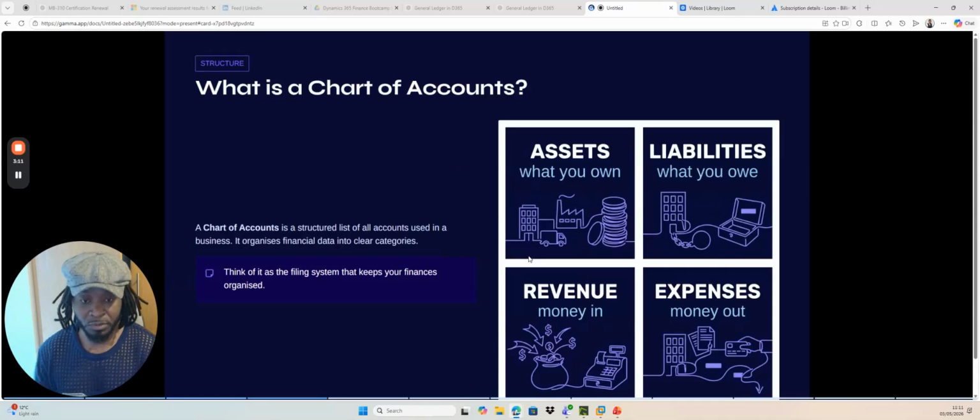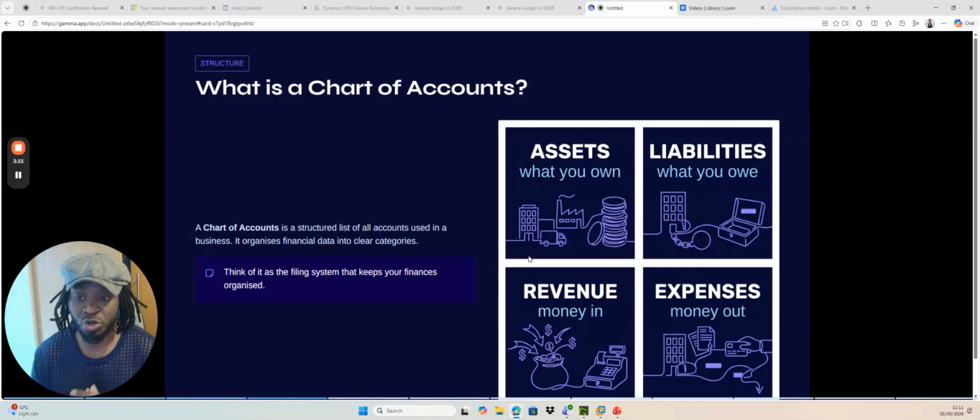Now, let's look at what a chart of accounts is. Just to note, a chart of accounts is not only in Dynamics 365. SAP, Workday, all the major ERP systems, I think, all have a chart of accounts. And what is this chart of accounts?